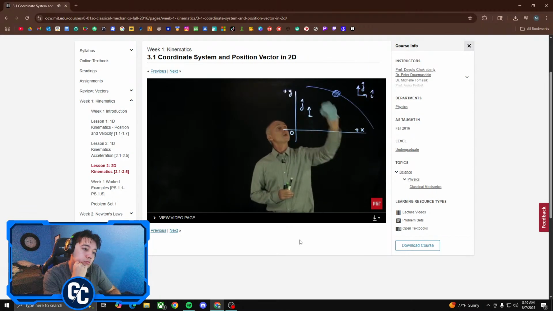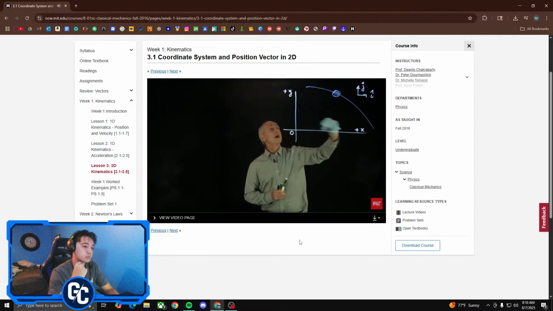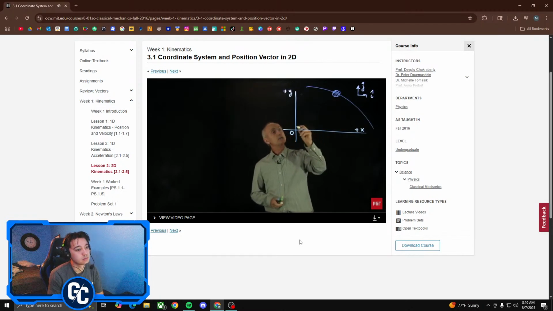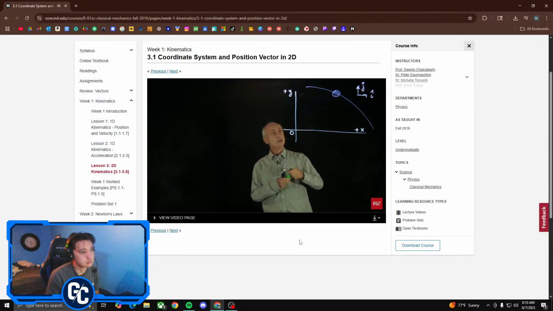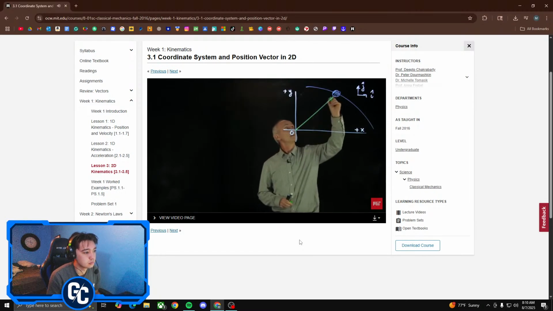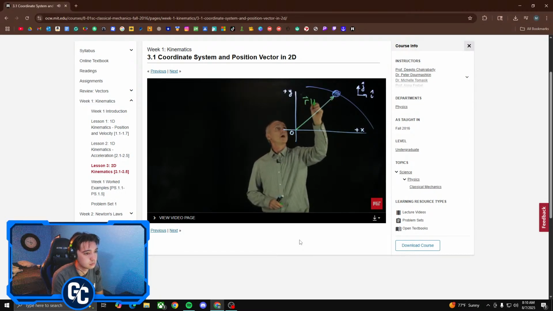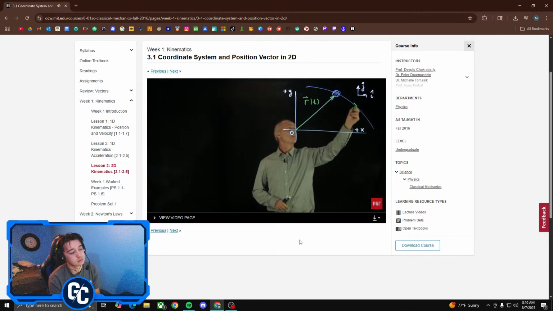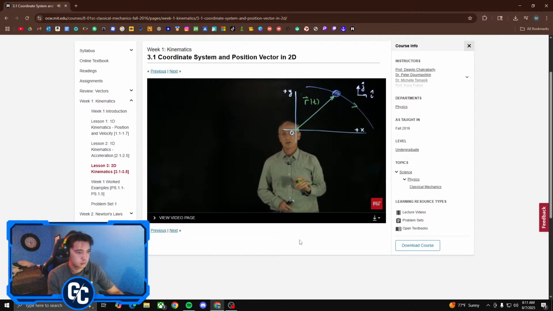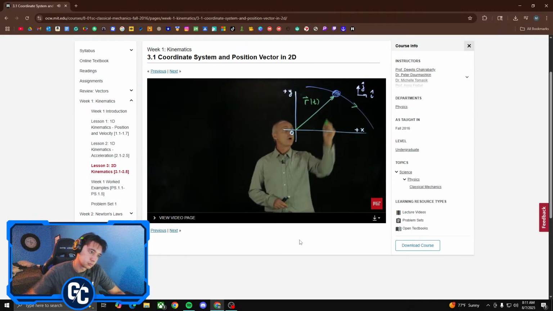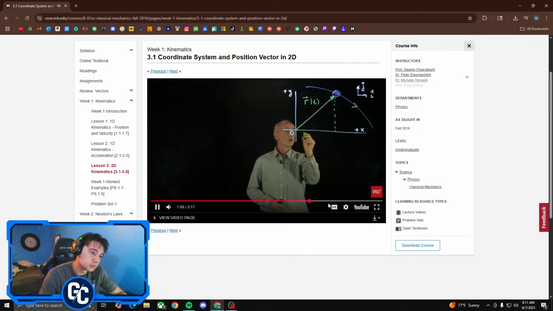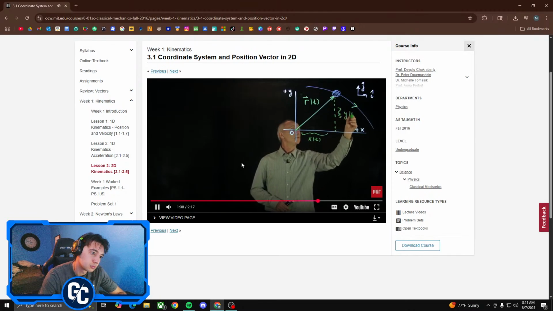So in our Cartesian coordinates, we now want to define the position vector. And the position vector is a vector from the origin to where the object is. So we'll write that position vector. We'll denote it by r of t, because as this object moves along its trajectory, that position vector is changing. And we'll write down r of t in terms of two coordinate functions, x of t and y of t.